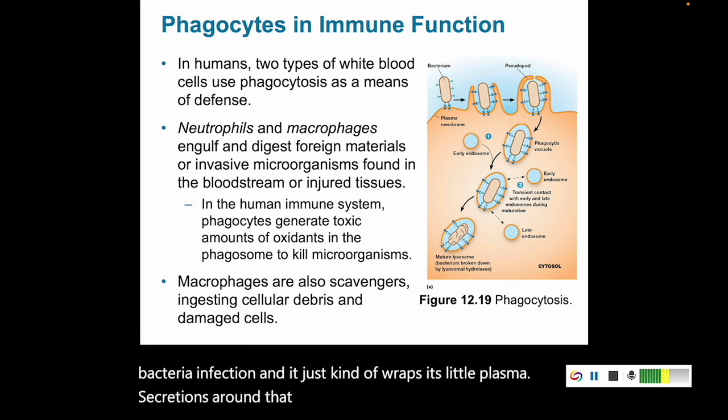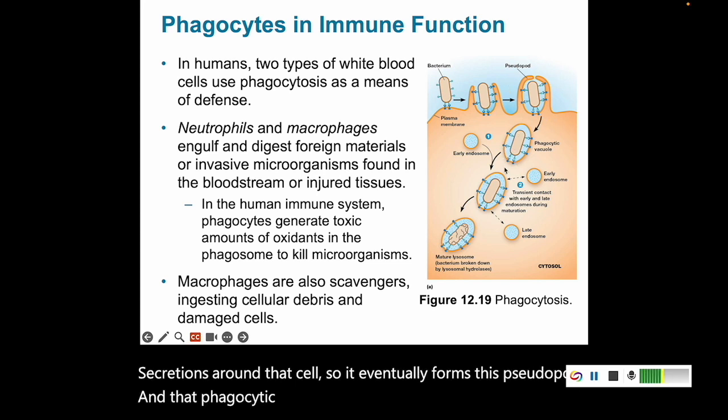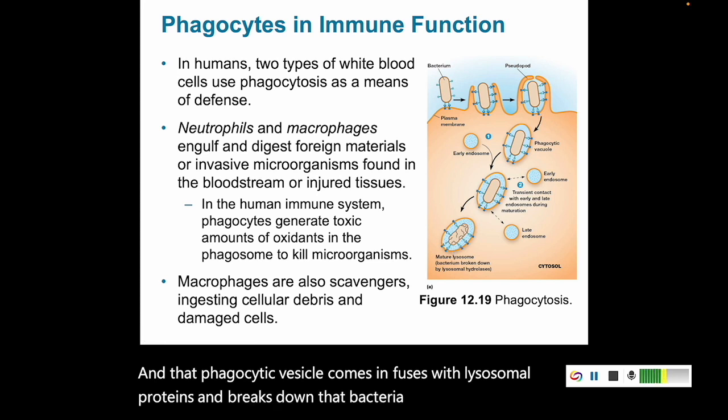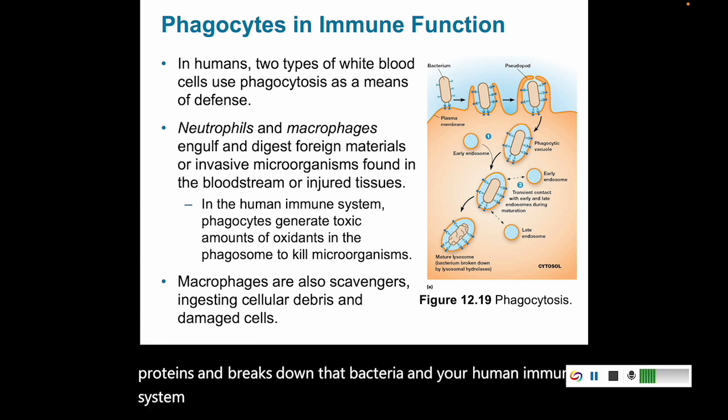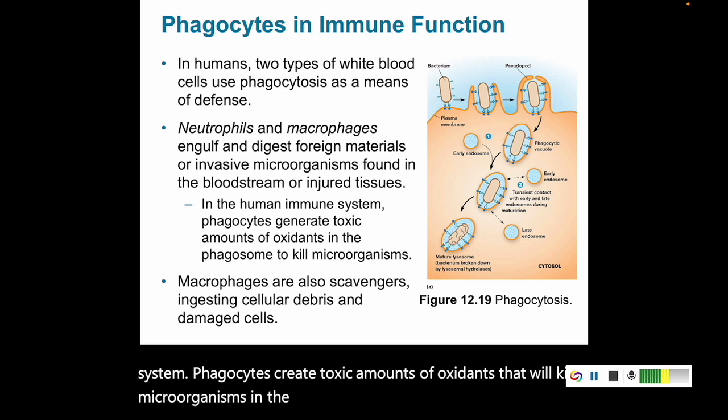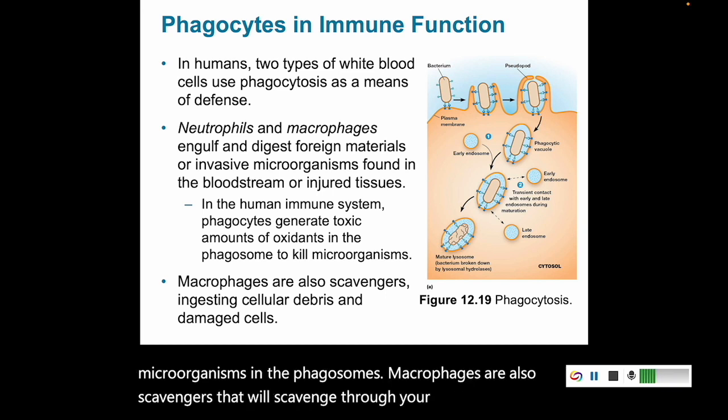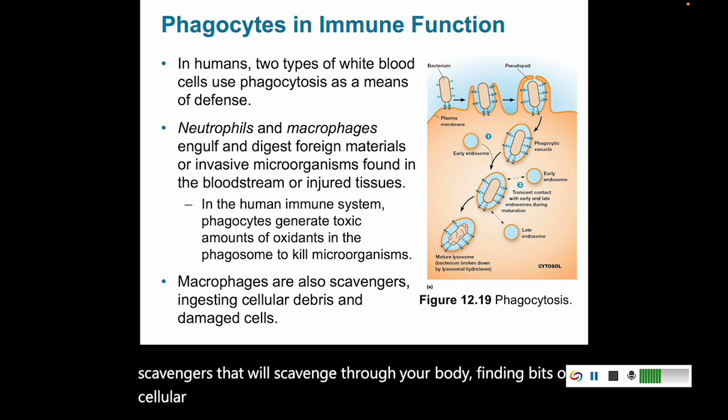So it eventually forms this pseudopod, and that phagocytic vesicle comes in, fuses with lysosomal proteins, and breaks down that bacteria. In your human immune system, phagocytes create toxic amounts of oxidants that will kill microorganisms in the phagosomes. Macrophages are also scavengers that will scavenge through your body, finding bits of cellular debris and finding damaged cells.